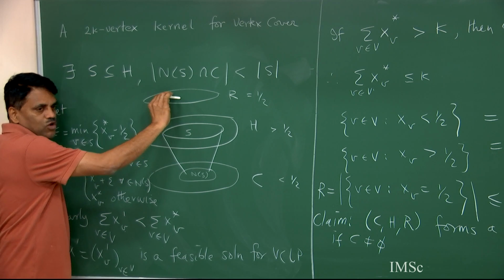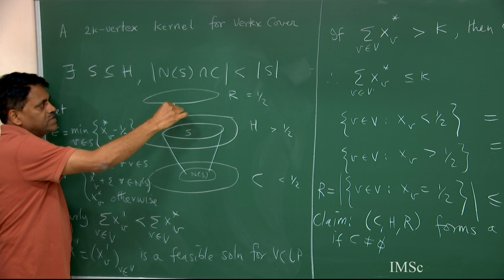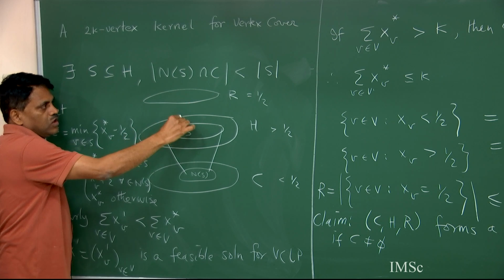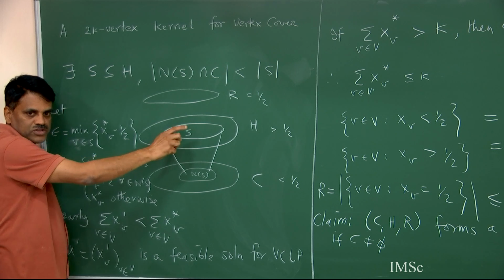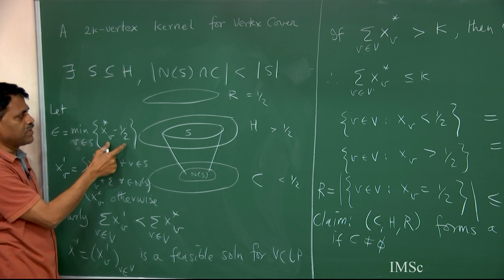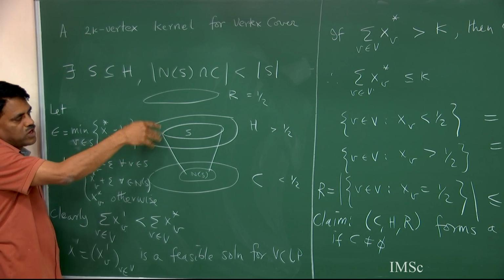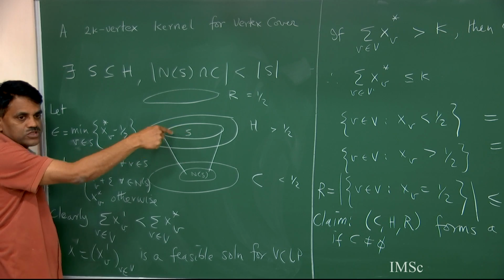Any edge inside, no problem. I have not touched anything, they remain 1. Any edge like this, no problem, because this is half and this never goes below half, because it is always strictly greater than half, and I ensured that by picking the minimum of this. At best maybe there is one vertex which will become half, or maybe several vertices will become half, but it never goes below half.